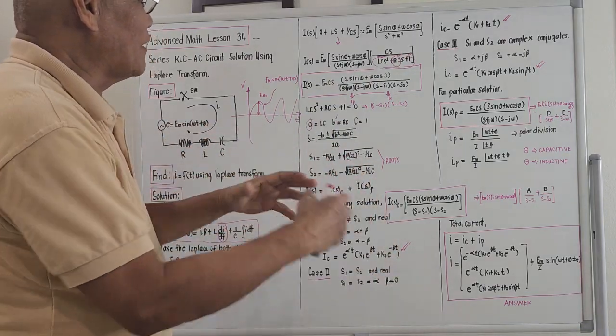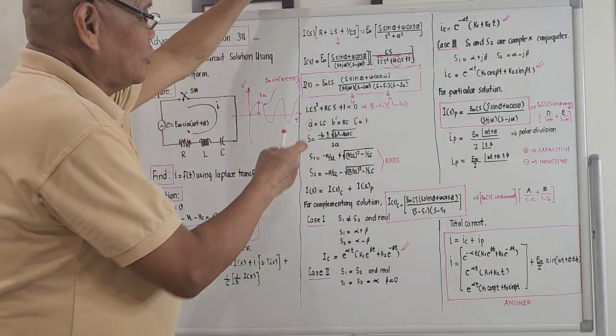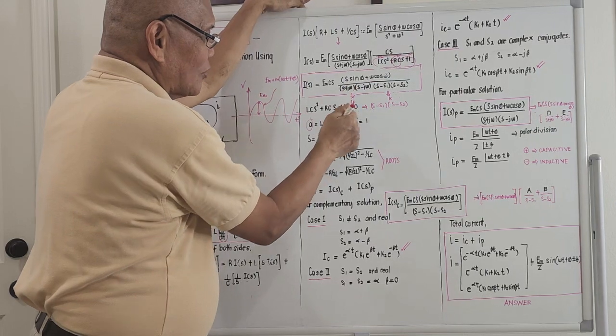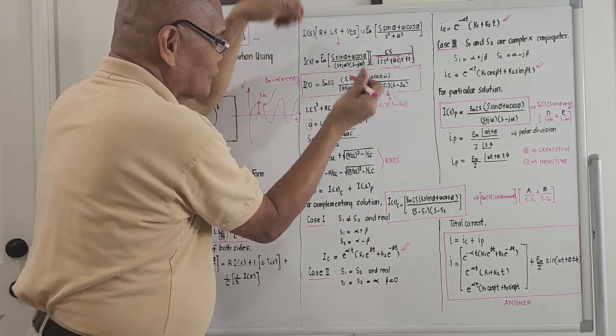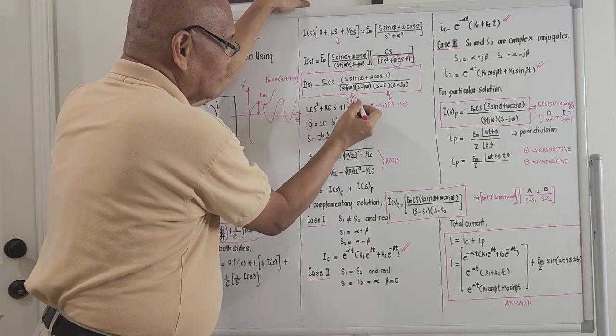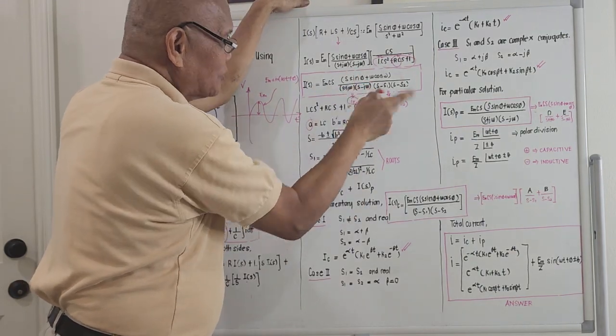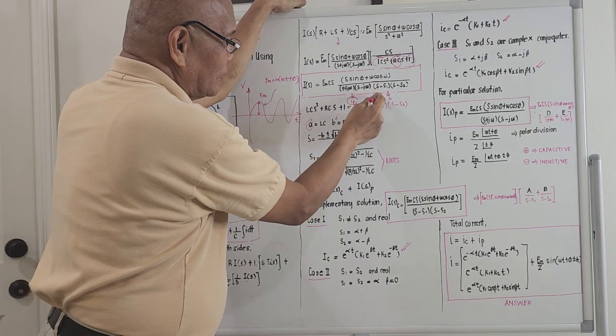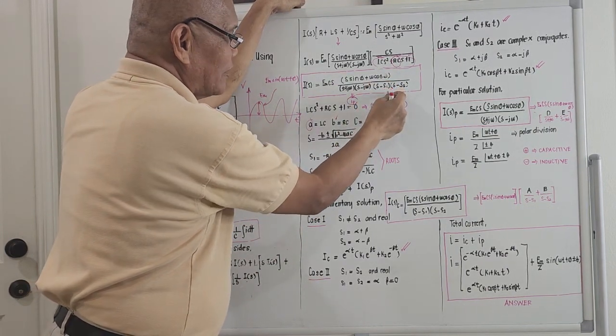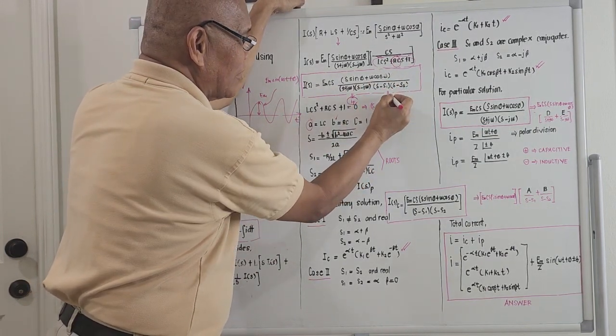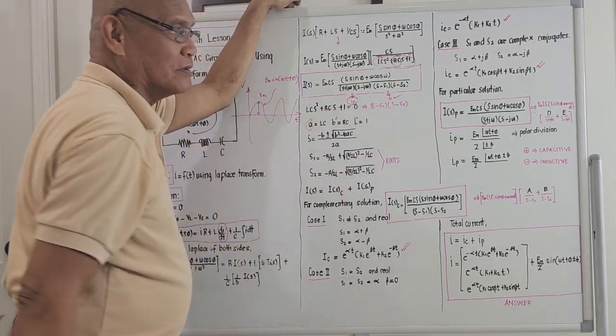And if we simplify this, the one with the j is actually the solution of the particular solution, I sub P. This portion here. And this portion here, sorry for that one, the quantity S minus S1 times the quantity S minus S2 is actually I sub C, meaning the complementary solution.